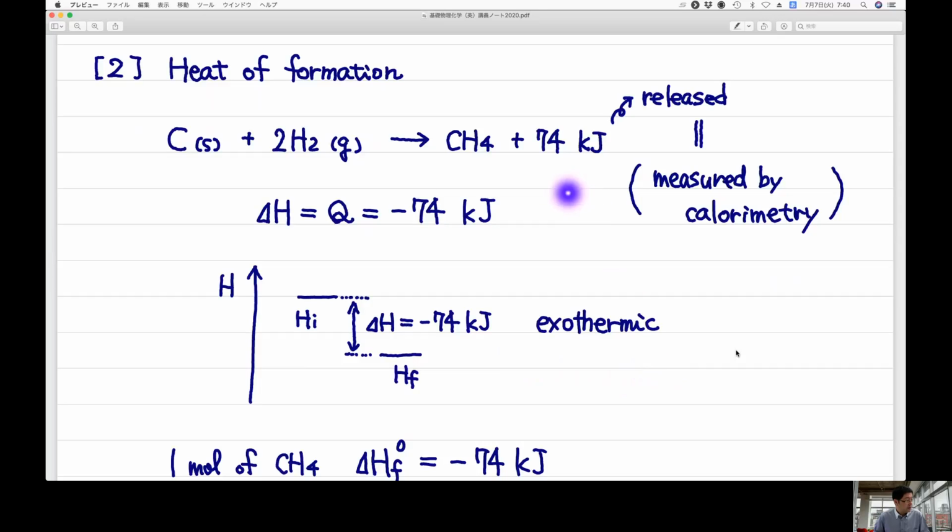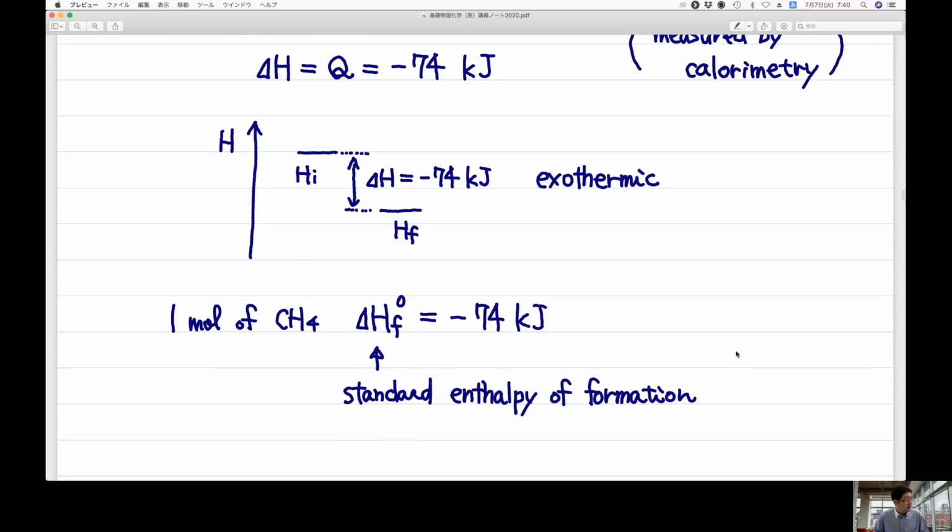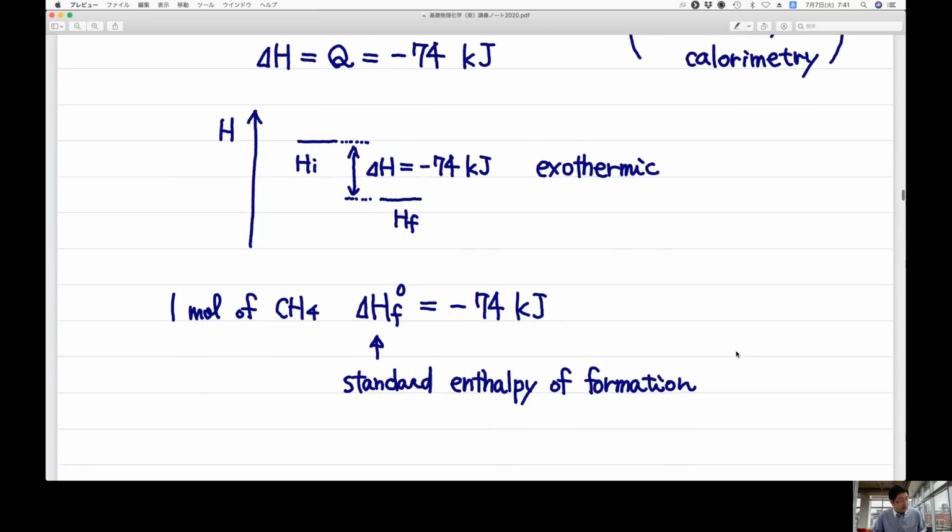And by the use of this measurement, we can determine the heat of formation. I mean, the standard enthalpy of formation equals minus 74 kilojoules. Okay, so we say that the standard enthalpy of formation of methane is minus 74 kilojoules. This value is very useful in Hess's law.